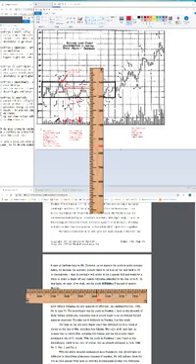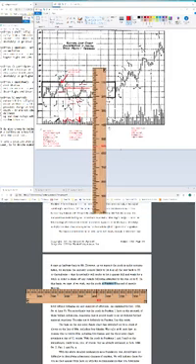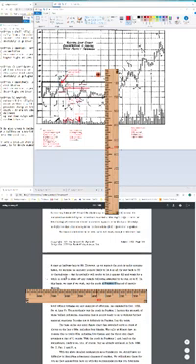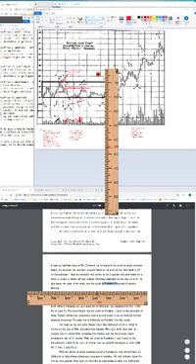So we're basically putting it in position 3. So what is 3? Bear rally.